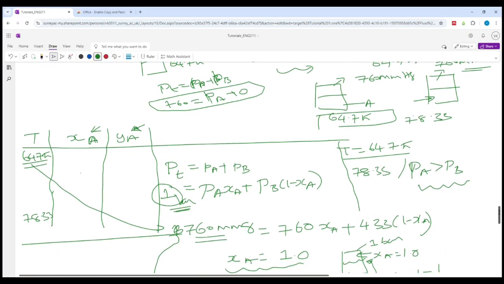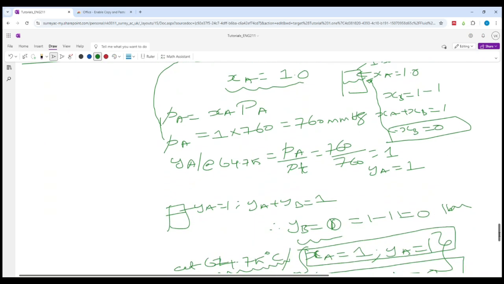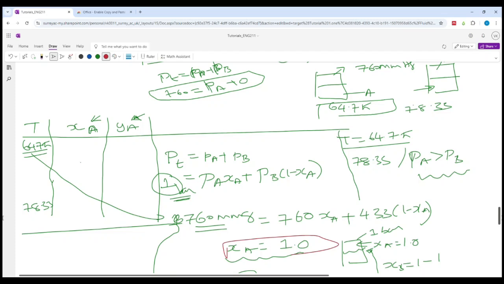So we already calculated XA, and we already calculated YA as well. Let's enter those values in the table here. XA should be equal to 1, and YA should be equal to 1.